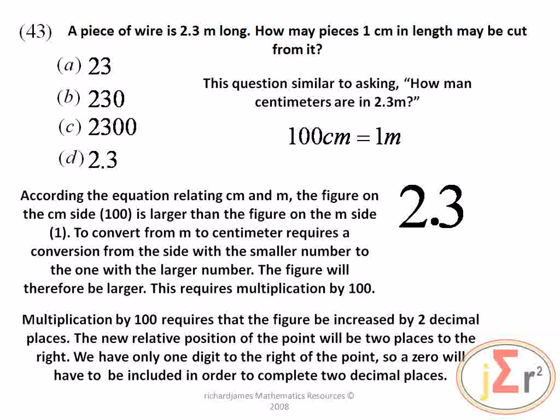We have only 1 digit to the right of the point, so a 0 will have to be included in order to complete 2 decimal places. 1, 2. And of course, a 0 is included. The answer is option B.